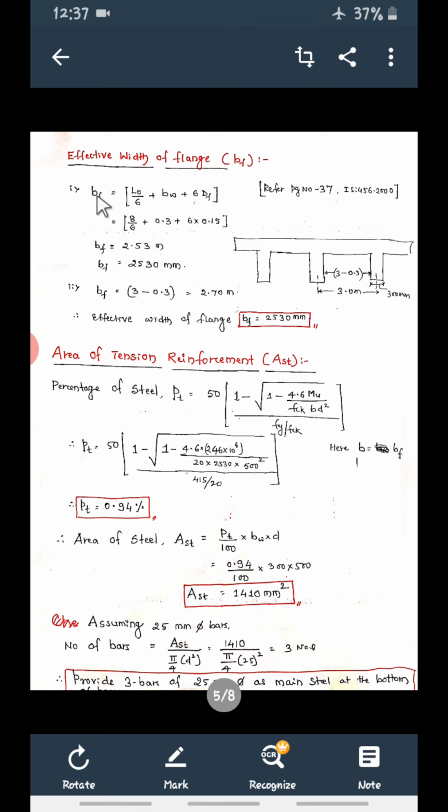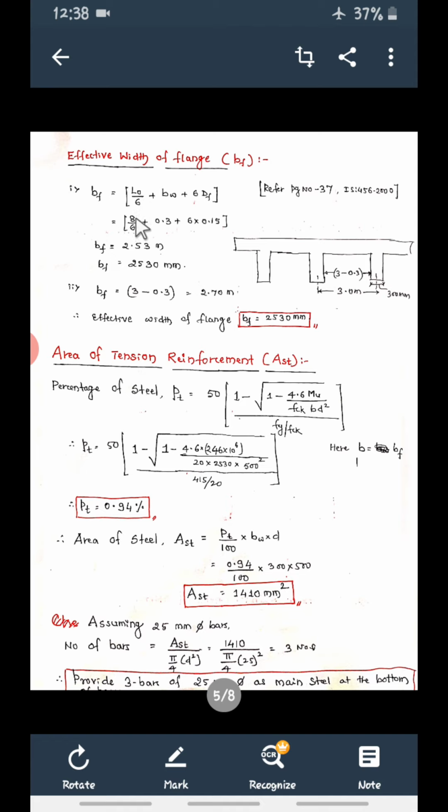Breadth of flange is equal to L0 upon 6 plus bw plus 6 into Df. This is the formula: effective width of flange bf is equal to L0 upon 6 plus bw plus 6 into Df. L0 is nothing but L, the span.